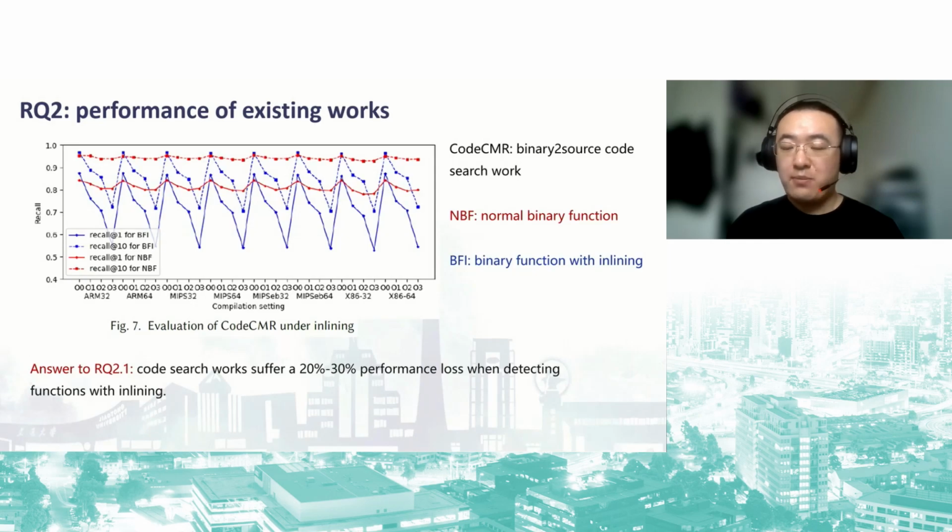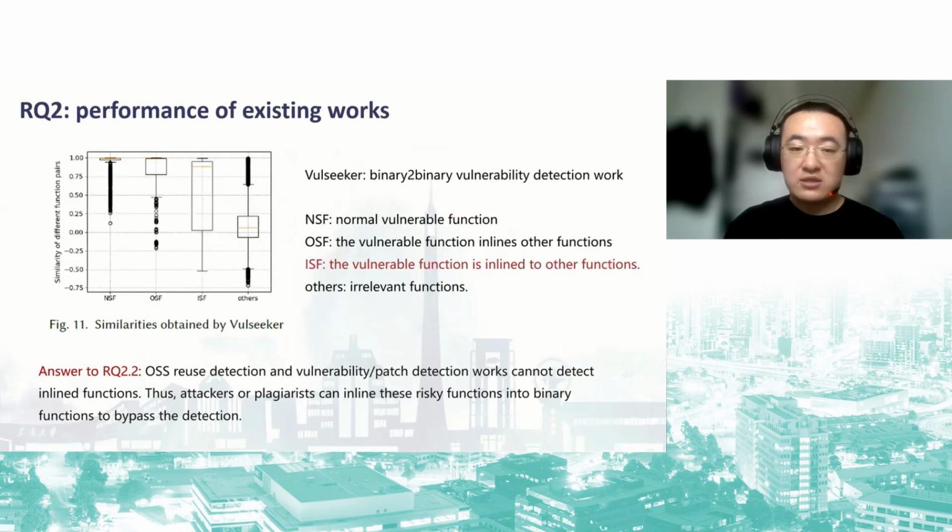To analyze the impact of function inlining, we divided the binary functions into 2 classes, including the normal binary functions that are generated by only one source function without inlining, and the binary functions with inlining. And through the results, we can say code search works suffer a 20% to 30% performance loss when detecting functions with inlining. And then we select Asteria as a binary-to-binary vulnerability detection work.